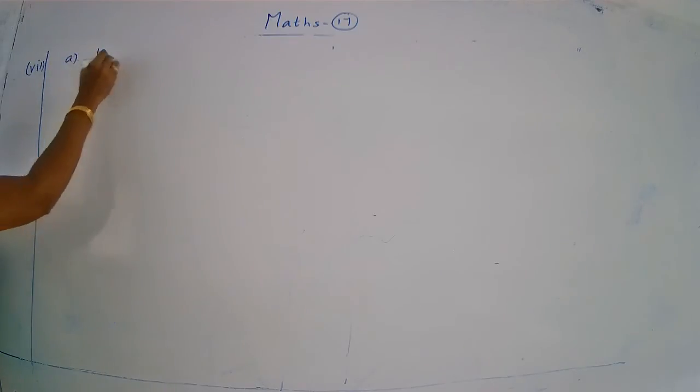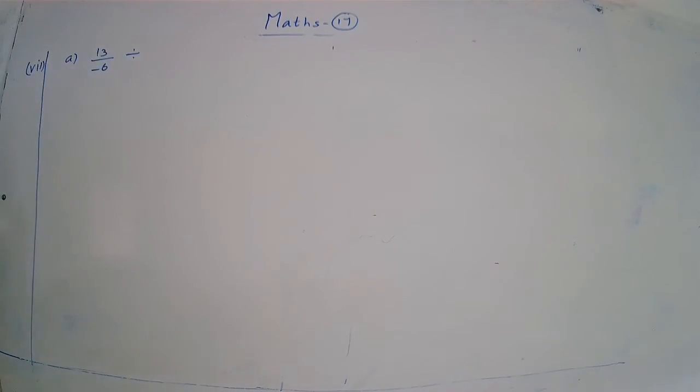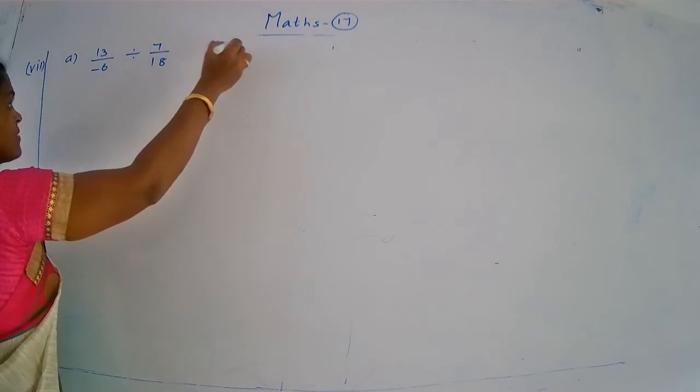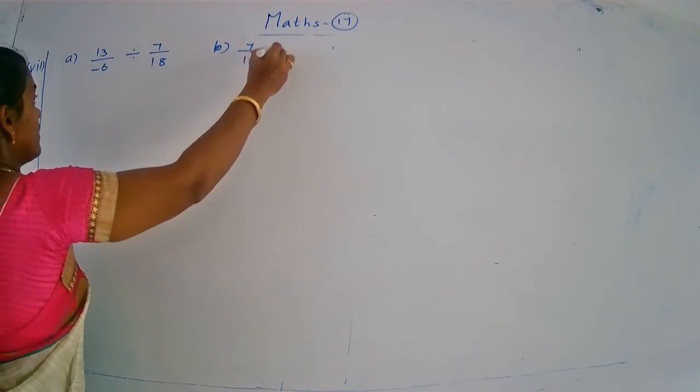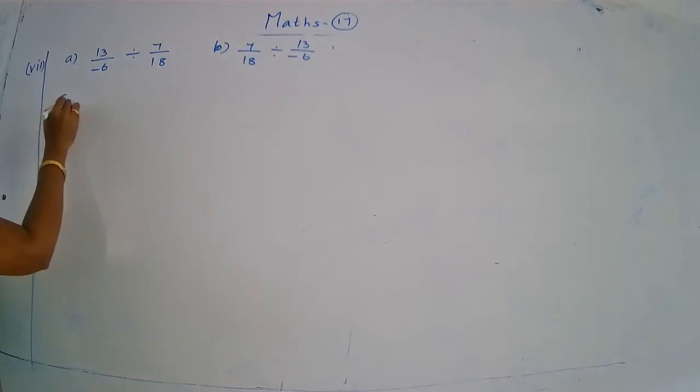Yes, children? So minus 13 upon 6, the divide sign changes into multiplication. Okay, so division sign into multiplication, that time you put the reciprocal. Reciprocal means the numerator becomes the denominator and the denominator becomes the numerator. Okay, children? So what is the reciprocal of 7 upon 18? 18 upon 7. Okay, are you clear?